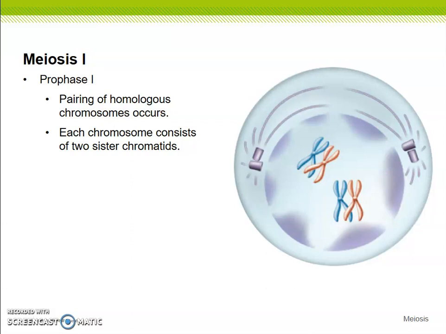So the chromosomes get together with the chromosome that is the same length, has the same genes, and the centromere is in the same spot. Each one of those chromosomes consists of 2 sister chromatids. So homologous chromosomes, meaning a pair of 2, has a total of 4 sister chromatids in it.